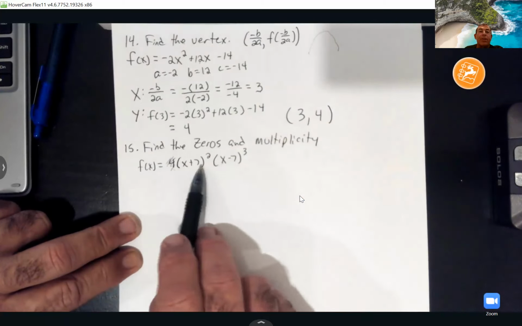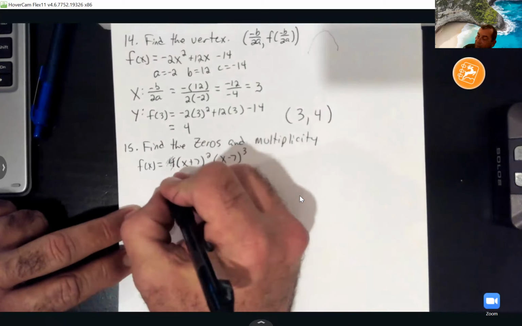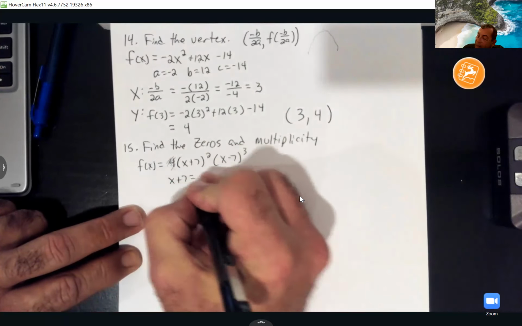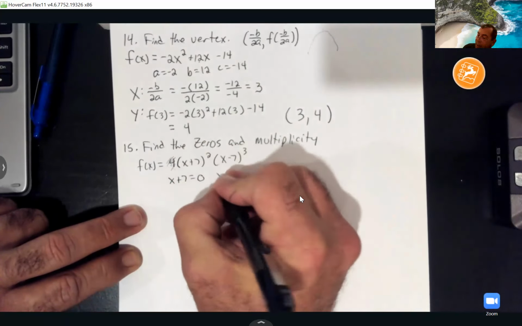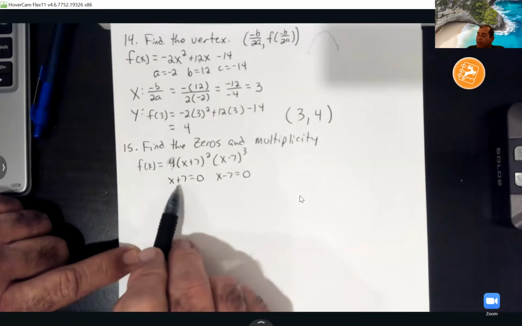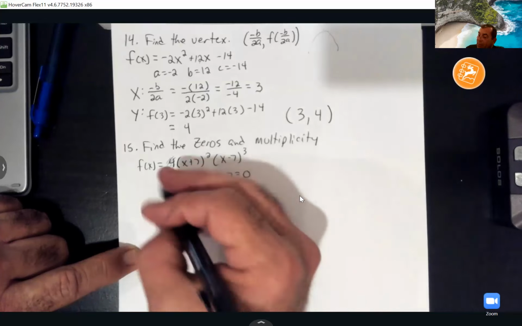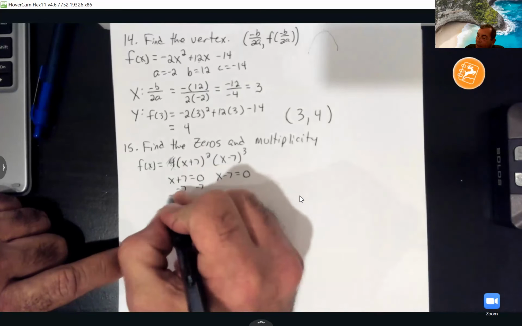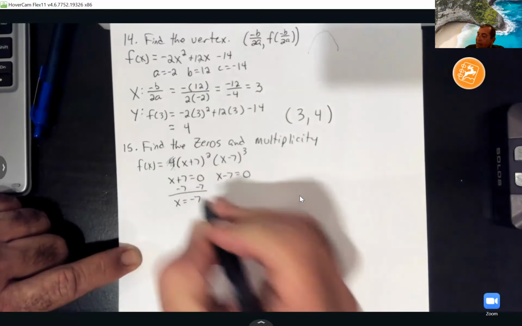To get the zeros, we've got to use the x's. So to find zeros, we take each of our x factors and set them equal to 0. So y'all solve that. We subtract 7 from both sides. x equals -7.